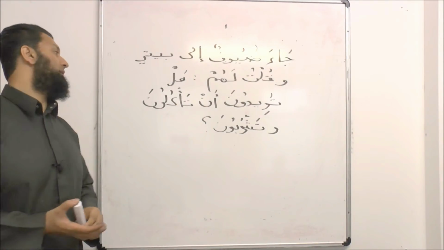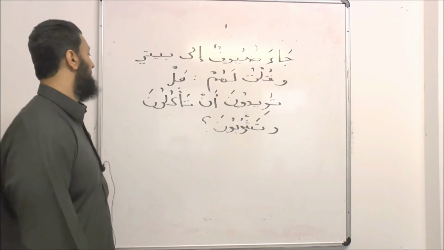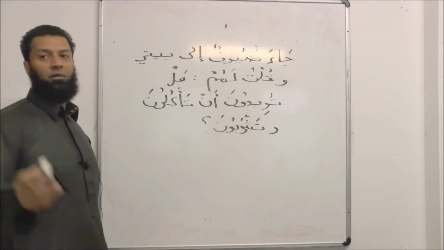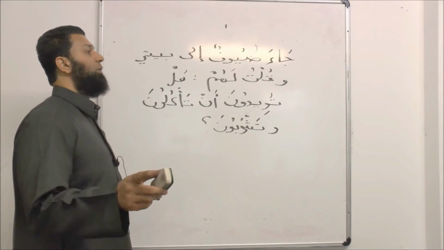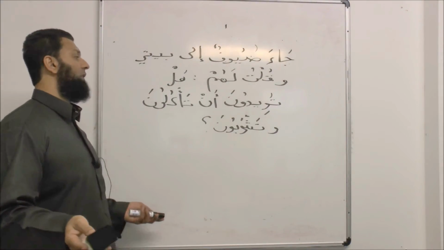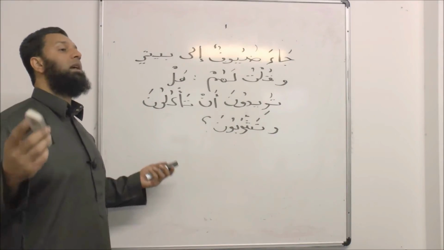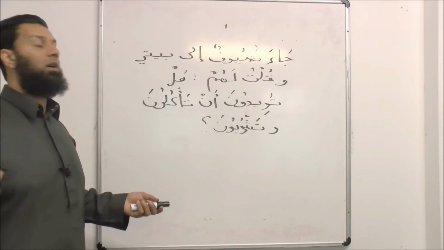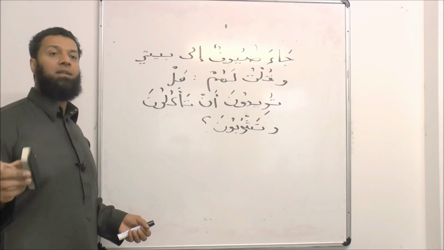So how do we render ta'kuluna mansubun? We've done this, we mention it many times. You should always remember the ayah that we've been reading since we're children in Surah Al-Baqarah: فَإِن لَمْ تَفْعَلُوا وَلَنْ تَفْعَلُوا. لَنْ is من حروف النصب.